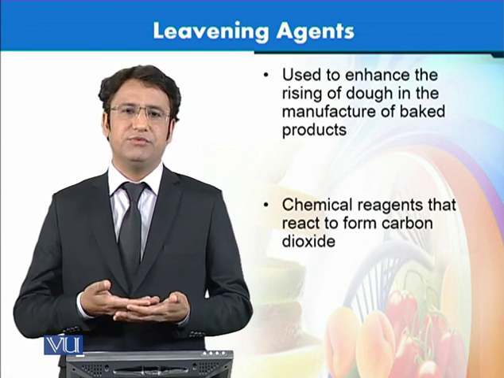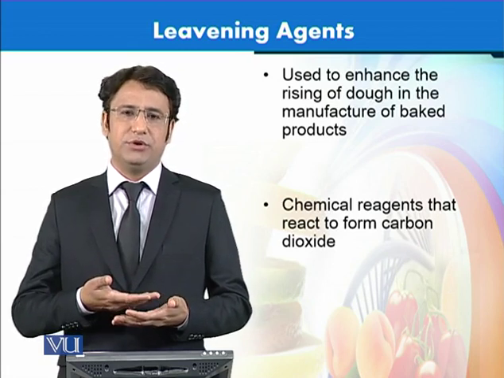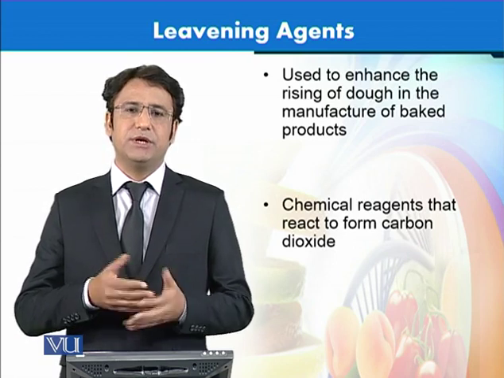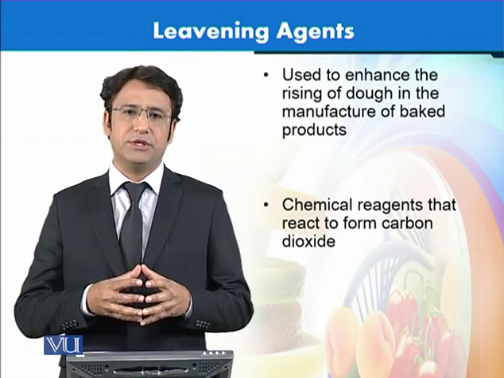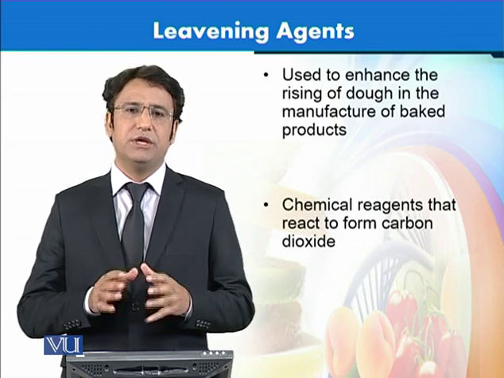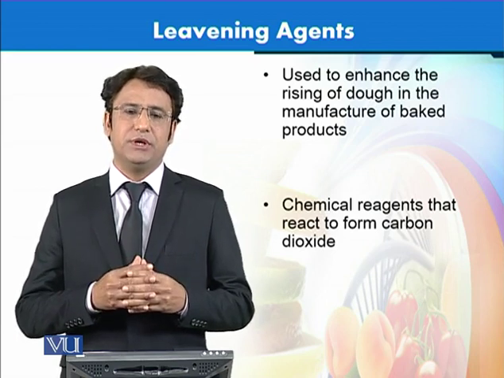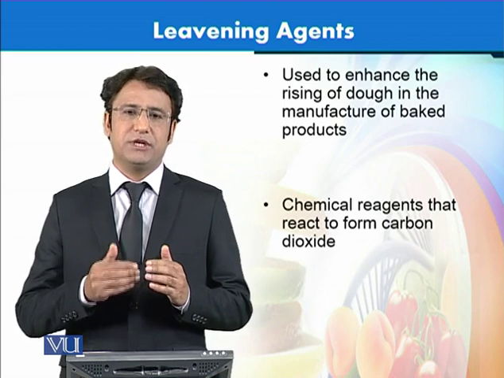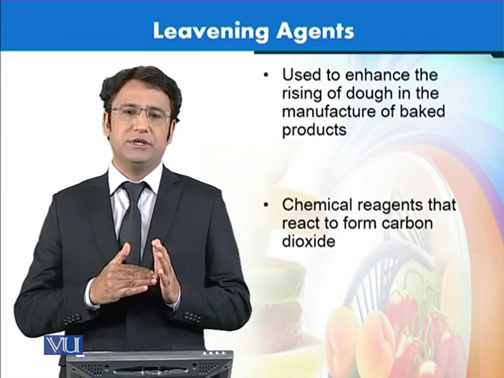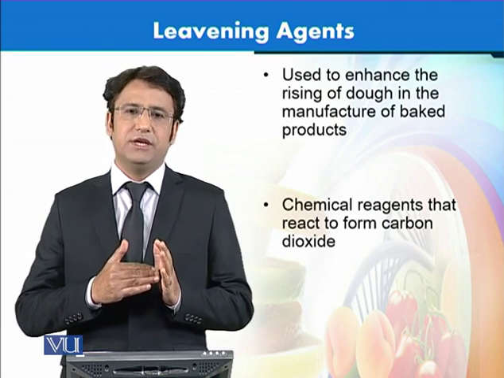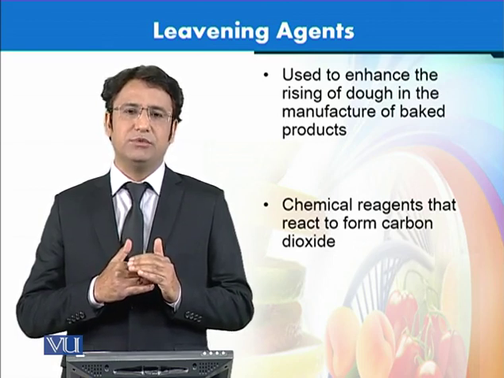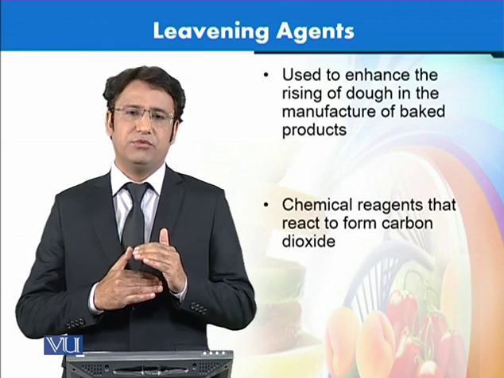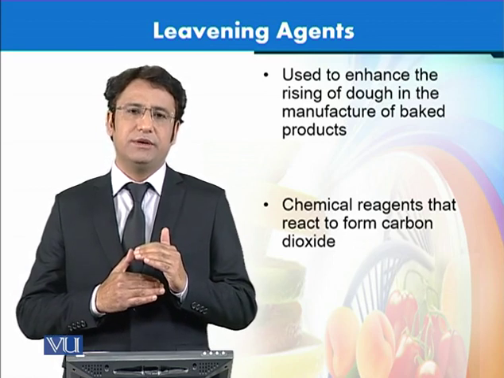When it is produced within the dough, it would be entrapped by the cellular network of these glutinous proteins. As I said, the gluten makes a network, and there would be entrapment of this carbon dioxide. And due to the heating action and production of more carbon dioxide within the dough, the volume of the dough would be increasing at a higher rate.